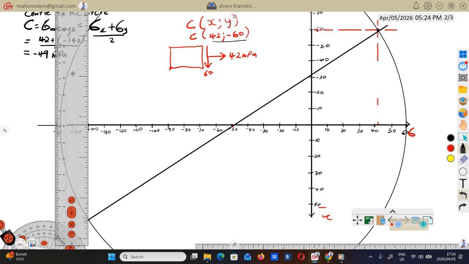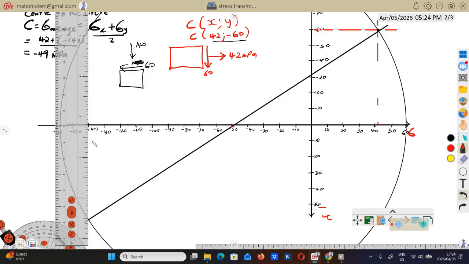Yeah, it should correspond with 140. Remember on the y face, you have 140, and then you have no shear stress at 60, you have 140. It's compressive.